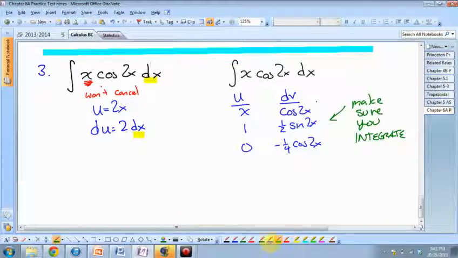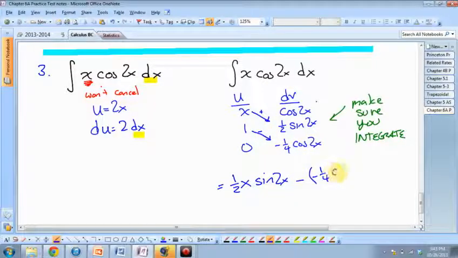The number one bonehead mistake there is to take a derivative on both sides of the chart. It's a very bad idea. Okay, x times 1/2, that's equal to 1/2 x sine 2x. The second arrow is a minus. So minus negative 1/4 cosine 2x.